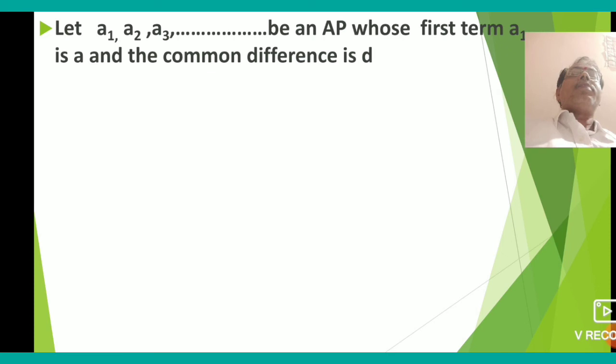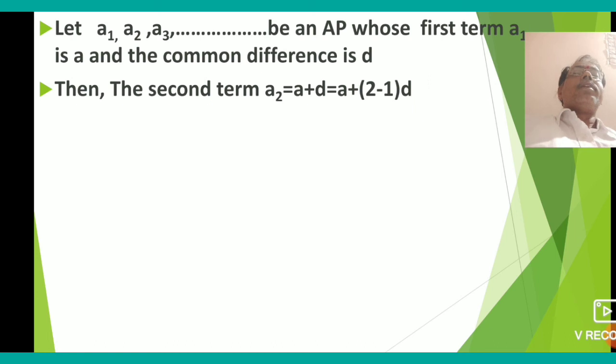Let A1, A2, A3 and so on be an arithmetic progression whose first term A1 is A and the common difference is D. Then the second term A2 is equal to, simply we can write, A plus D: first term plus that fixed number, the common difference.